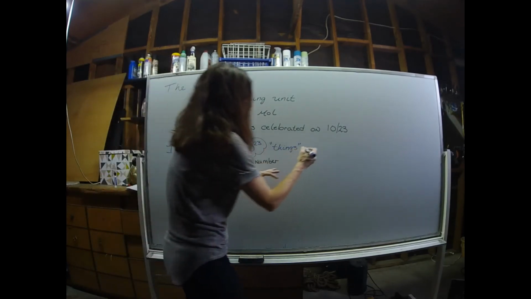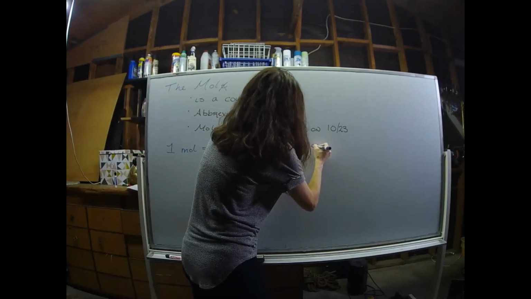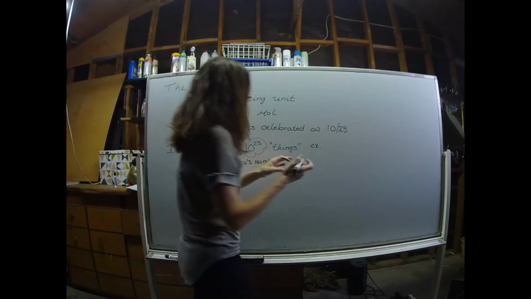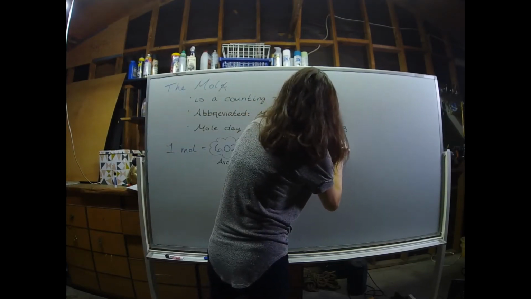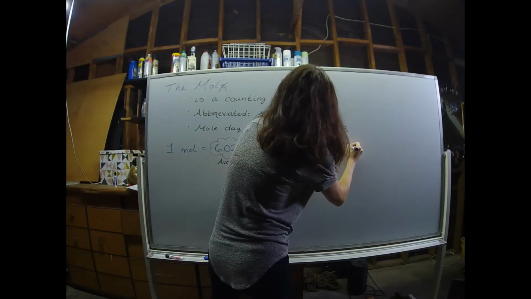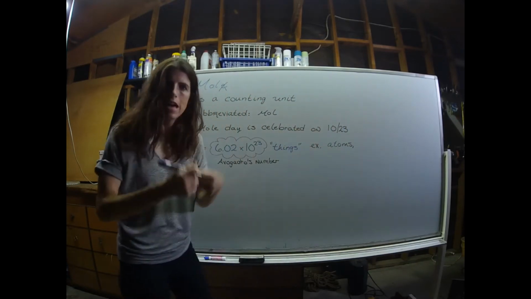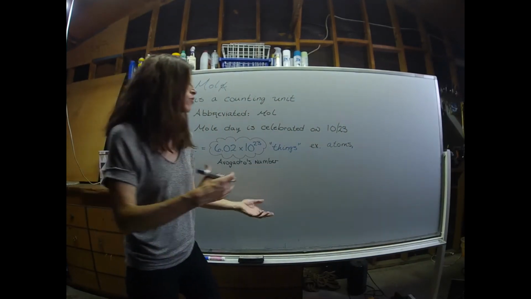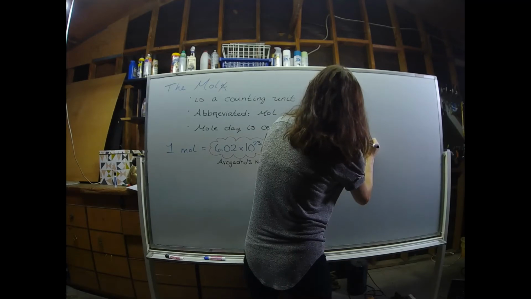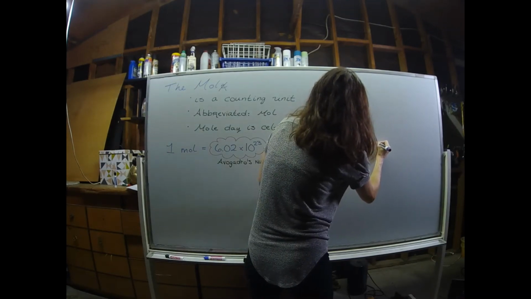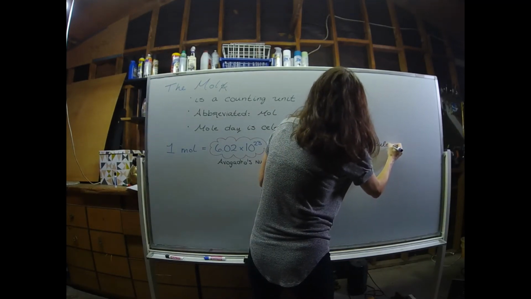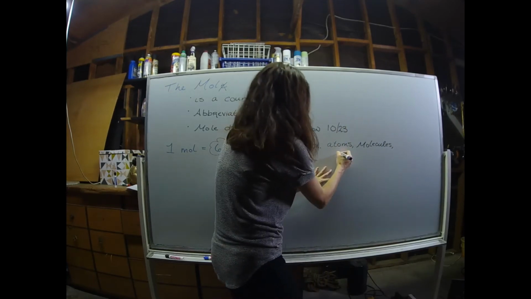So for example, we're going to use Avogadro's number with atoms. Along the same lines, atoms combine, they form compounds or molecules, so we can use it with molecules. Sometimes we need to count ions.